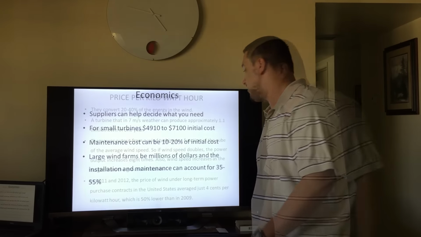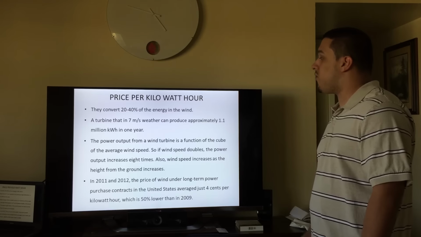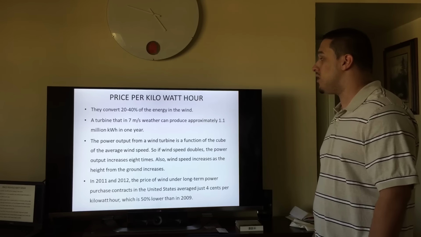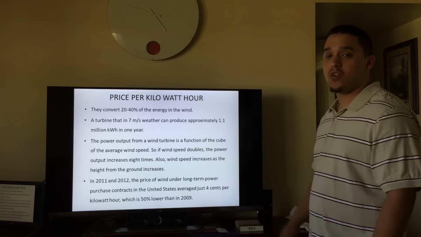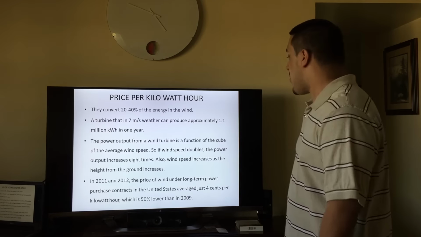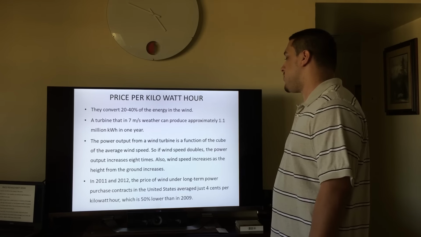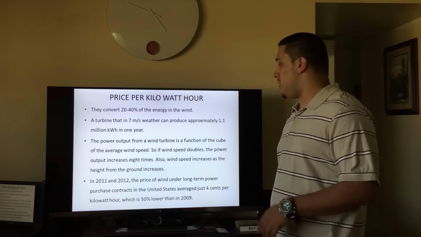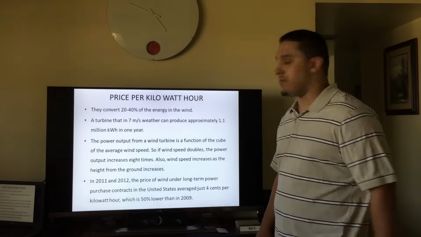Turbines convert 20 to 40% of the energy in the wind into useful energy. The power output of a wind turbine is a function of the cube of the average wind speed, so if your wind speed doubles, your power output will increase 8 times.